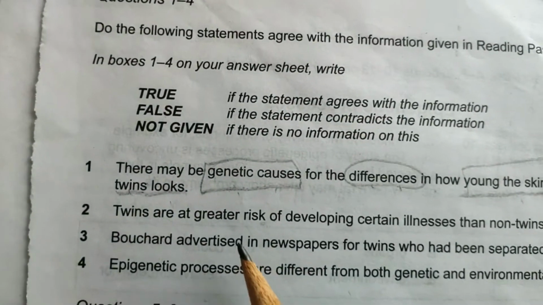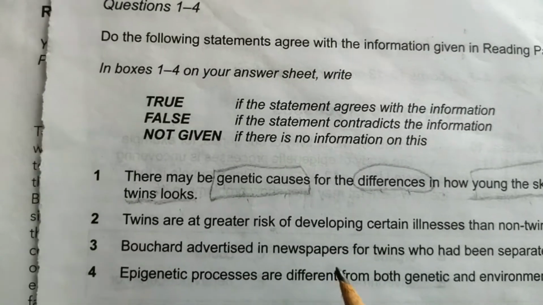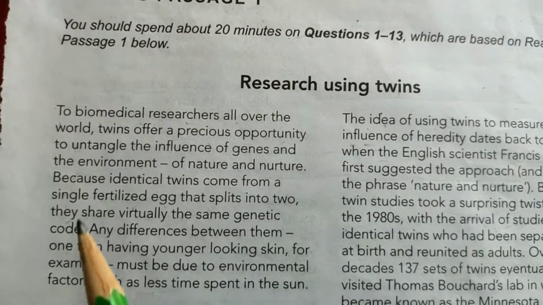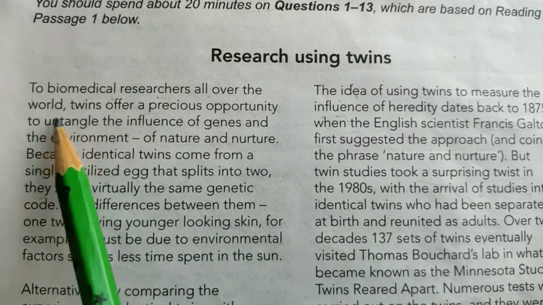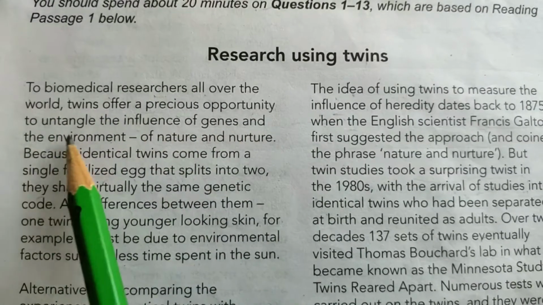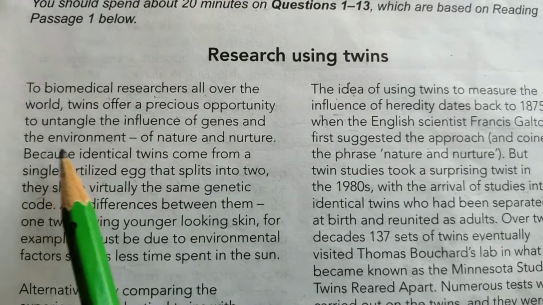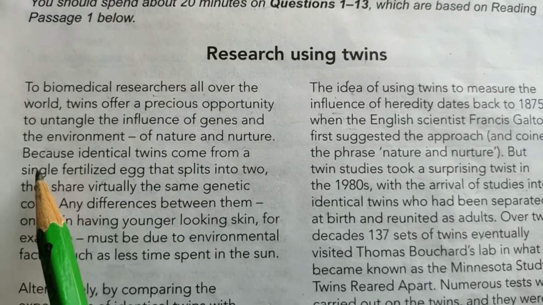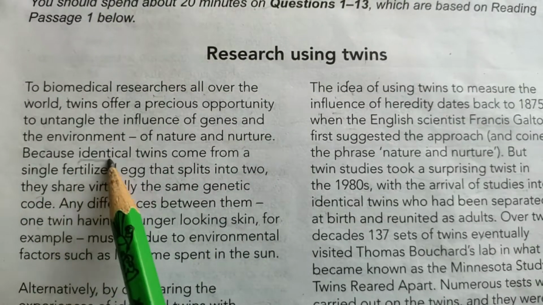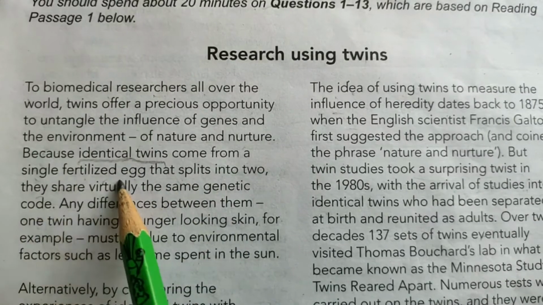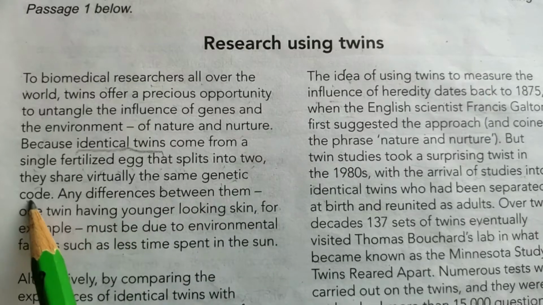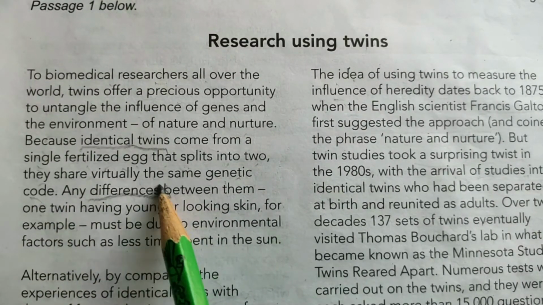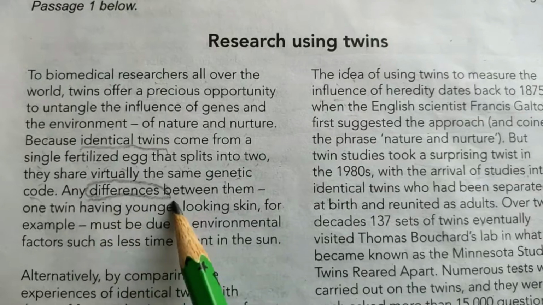Now it's a true false question, so I'm sure the answers will be from the start of the paragraph. Let's read it from here. To biomedical researchers all over the world, twins offer a precious opportunity to untangle the influence of genes and the environment, of nature and nurture, because identical twins come from a single fertilized egg that splits into two. They share virtually the same genetic code. Any differences? Now we are coming close to the question.